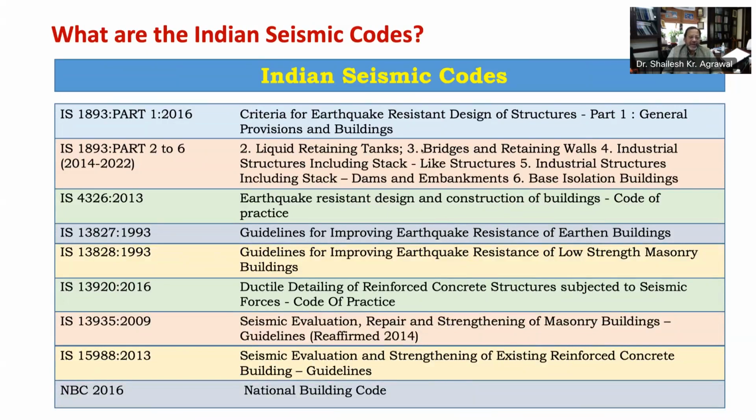Also, they are indicative of the level of progress our country has made in the field of earthquake engineering. The first and foremost seismic code in India was IS 1893, which was published in 1962. And today, the Bureau of Indian Standards has the following codes as shown in this figure.